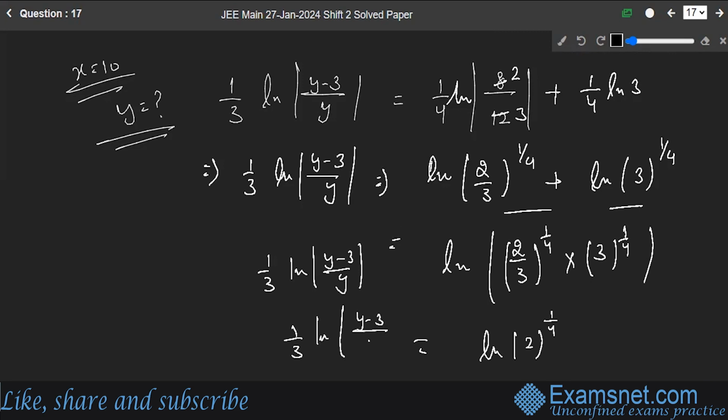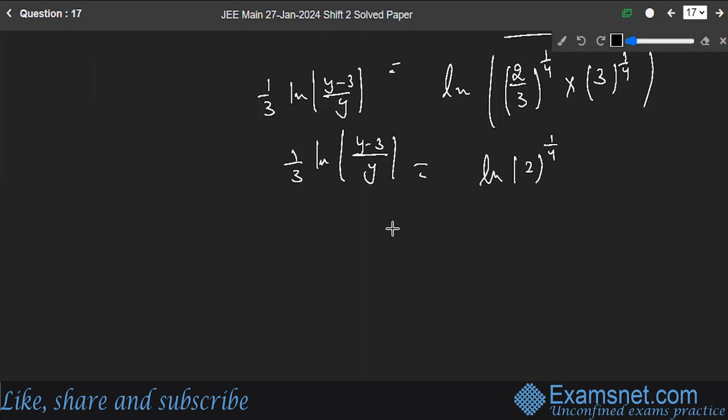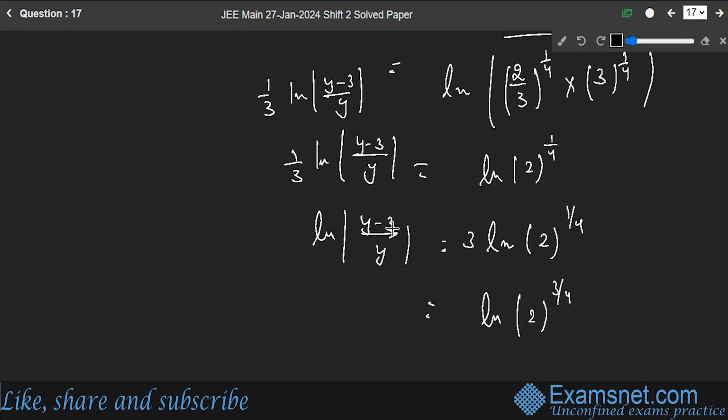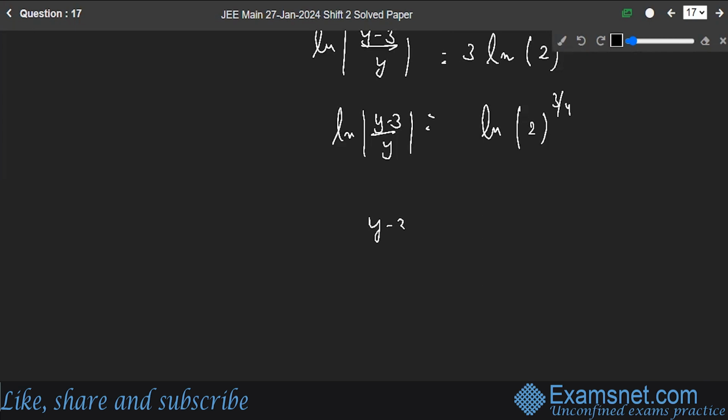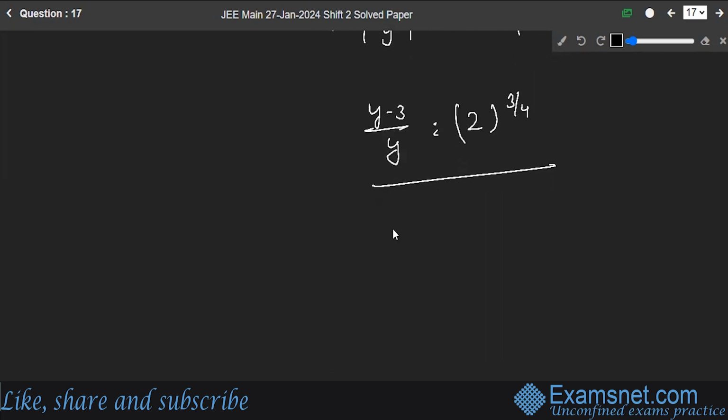Natural log of (y minus 3)/y. So you have log of (y minus 3)/y is equal to 3 log 2 power this, which is equal to log 2 power 3/4. And this is equal to log (y minus 3)/y, or (y minus 3)/y is equal to this. Let's solve it further. We are not done yet.